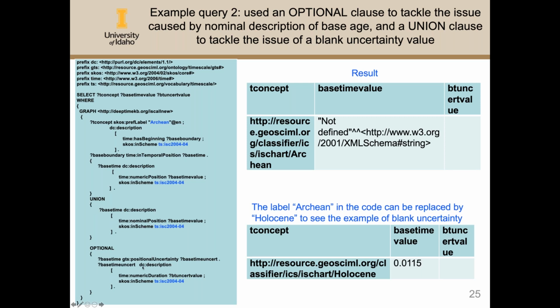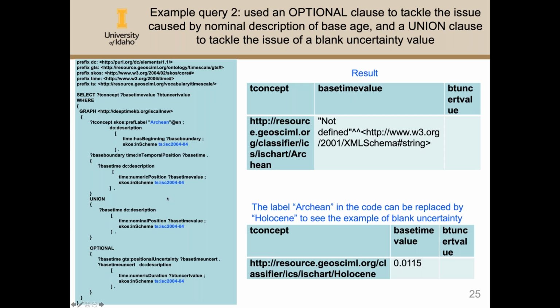And also, sometimes for some boundaries, they do not have a value for the uncertainty. It's just a blank value for the uncertainty. We also need to tackle that situation, and here we use an optional clause in the SPARQL code to address it. So here, if we search, for example, Archean, you can see the base time value is a nominal position.